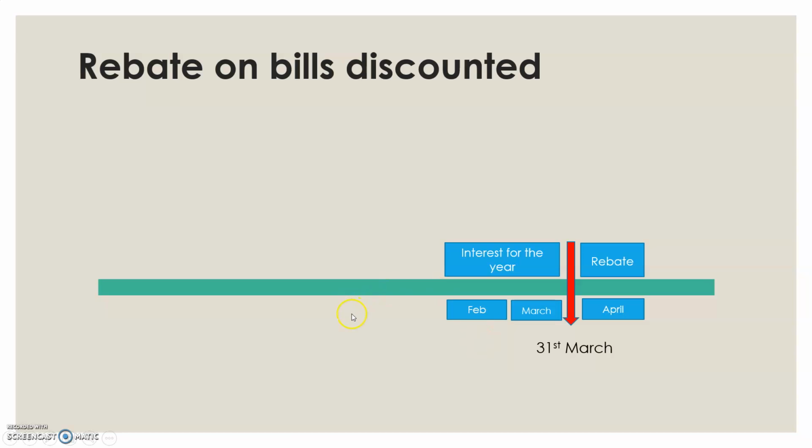Okay. So interest for the entire period will be calculated, and if it is coming to rupees 300, say 200 rupees will pertain to the current accounting year and 100 rupees is for the next accounting year. So 100 is for the month of April and 200 for February and March.